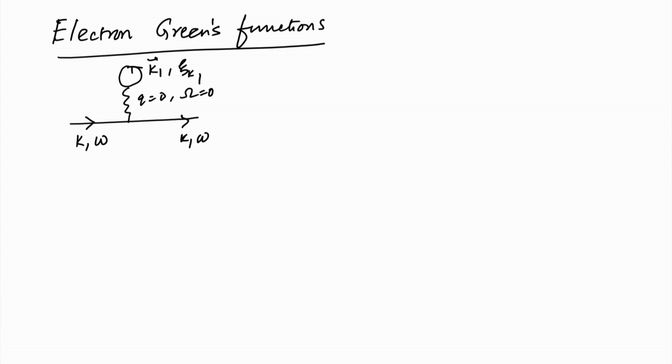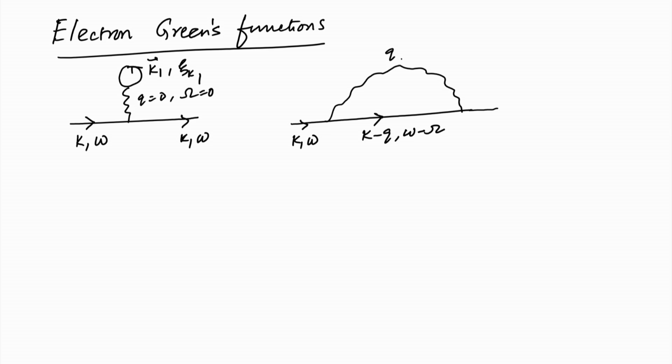And similarly, there is another term that we had considered earlier, this one, in which there is a k omega, there is a k minus q, omega minus omega, and there is a q omega that is been carried by the vertex, and then finally, the free electron Green's function is given by this.